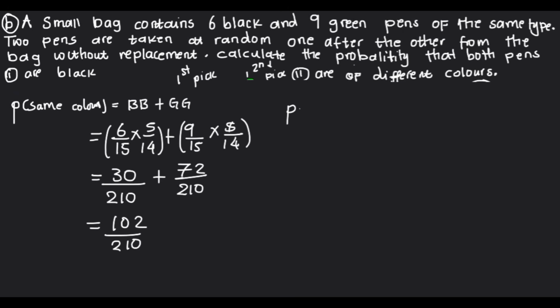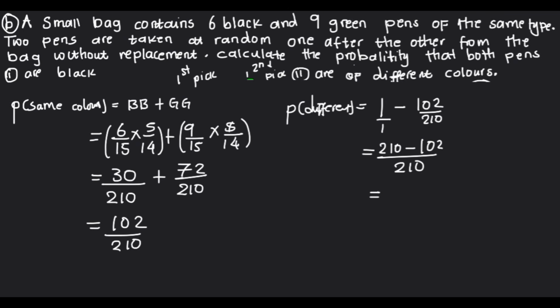So now the probability of having different colors will be 1 minus 102 over 210. So the lowest common denominator is 210. 1 into 210 is 210 times 1, that is 210, minus 1 times 102, that is 102.